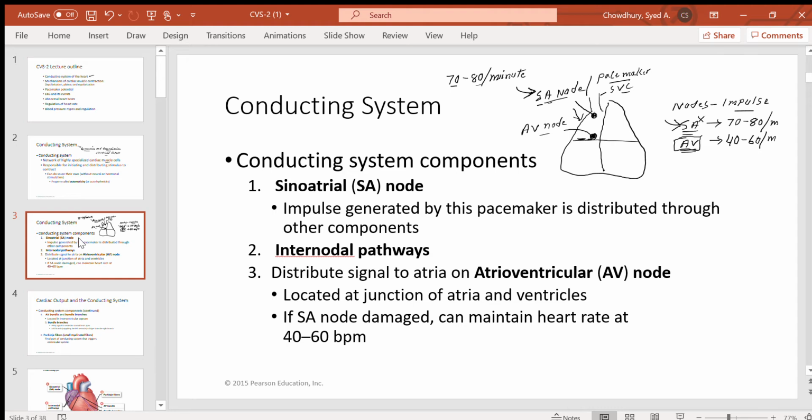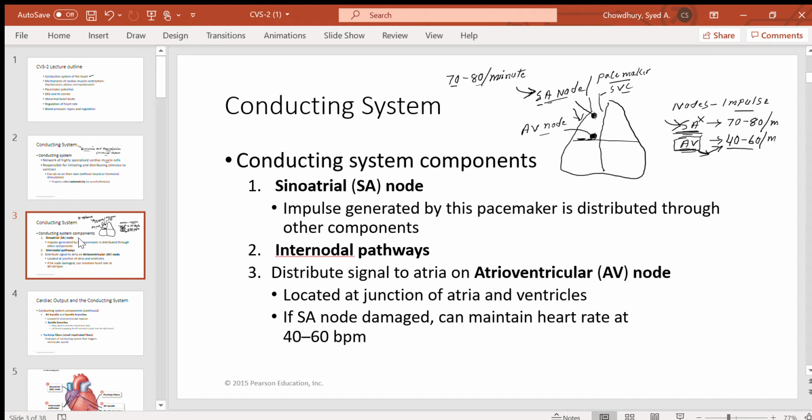If for some reason the SA node becomes non-functional, then the AV node starts to control the heart rate. But in that case, the heart rate will be slower, because the AV node cannot produce impulses as fast as the SA node. So your heart rate will be 40 to 60 per minute. So these are two nodes, and they generate the electrical impulse.